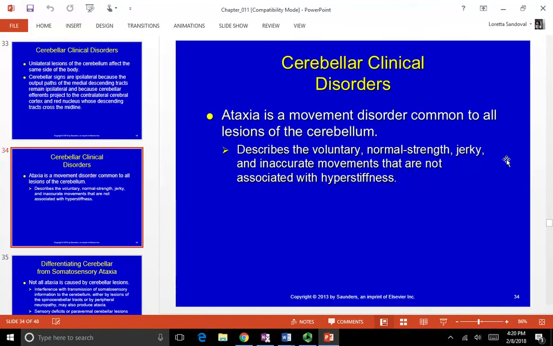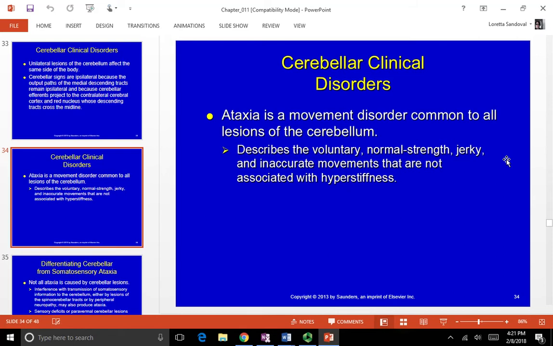So ataxia, we talked about sensory ataxia in chapter 6. Ataxia is a movement disorder that is common to all lesions of the cerebellum. So this is cerebellar ataxia. It's voluntary, normal strength, jerky, and inaccurate movements that are not associated with hyperstiffness. Some of our hypokinetic basal ganglia disorders have jerky, inaccurate movements, but they're caused by that hyperstiffness because we have motor inhibition.